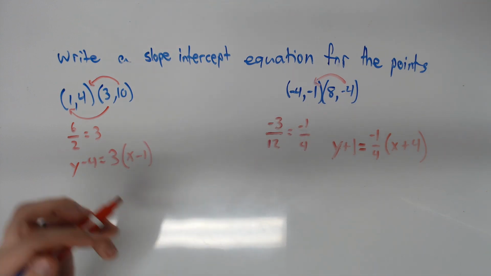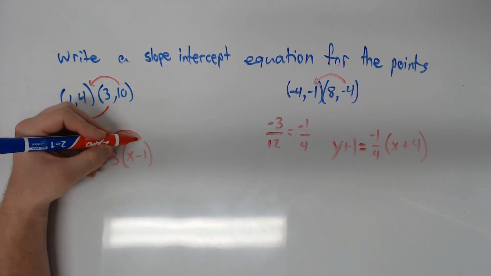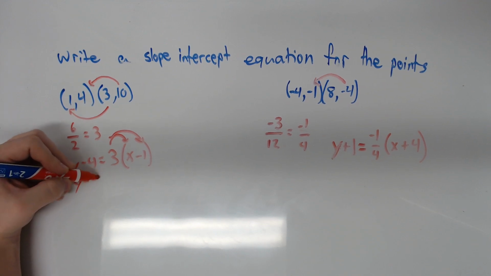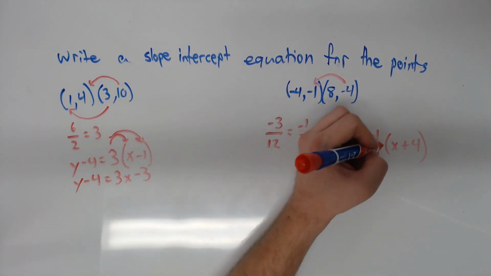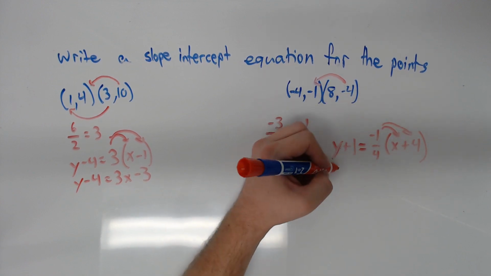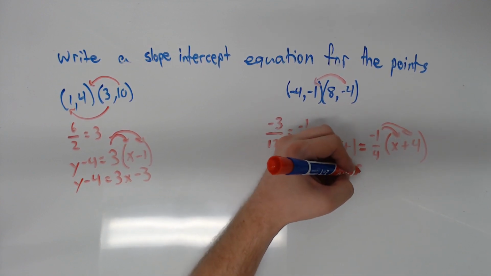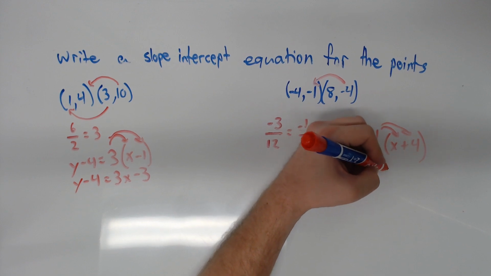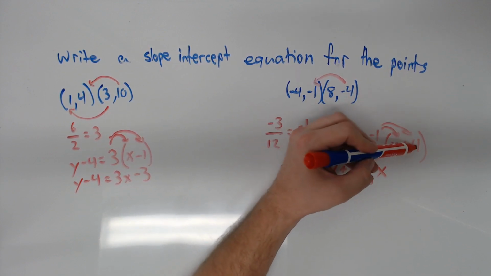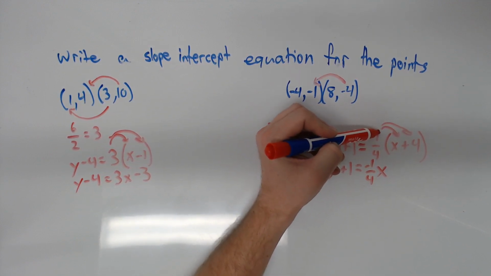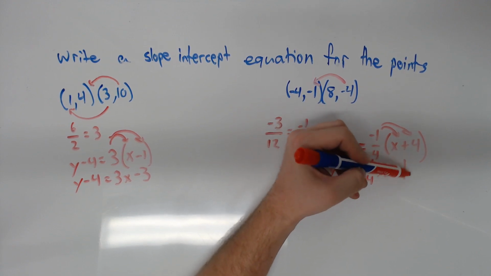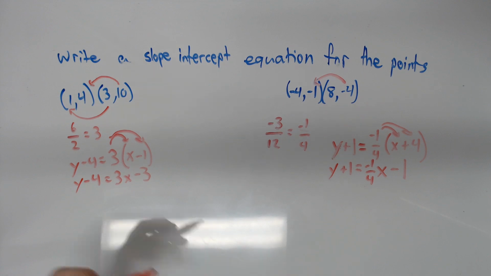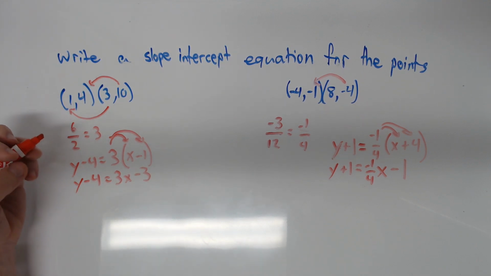All right. First thing in both equations now, distribute. Y minus 4 equals 3x minus 3. Distribute. Y plus 1 equals negative 1/4 x. I got to multiply by a fraction. 4 times negative 1 is negative 4. Negative 4 over 4 is negative 1. So minus 1. It's a nice little trick. I always try to remind you guys that.